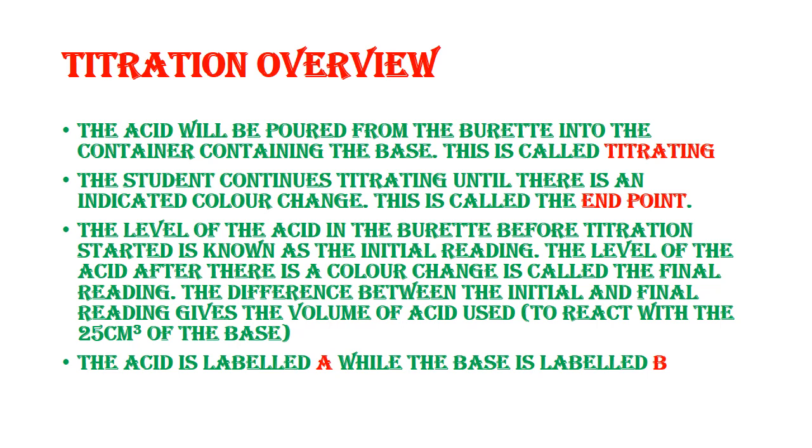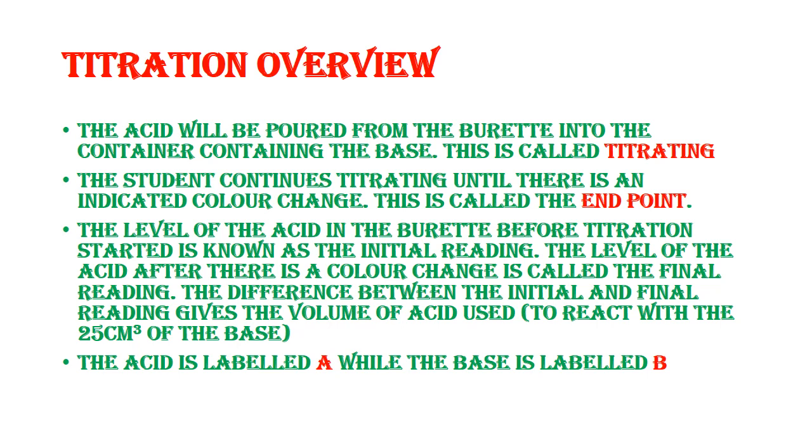The acid will be poured from the burette into the container containing the base, the container where you have put the indicator, which colors the base. You now start pouring the acid from the burette. Some burettes have a tap that you can open to pour the acid into the base, or for some it's like a ball.